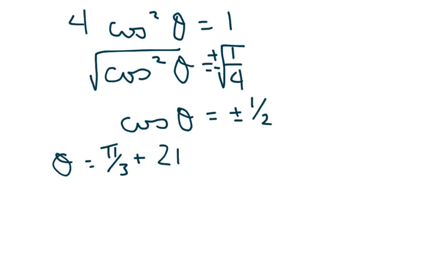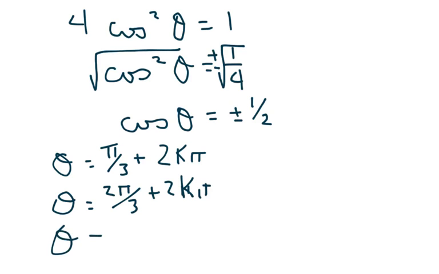Plus 2k pi. Theta equals 2 pi over 3 plus 2k pi. Theta equals 4 pi over 3 plus 2k pi.